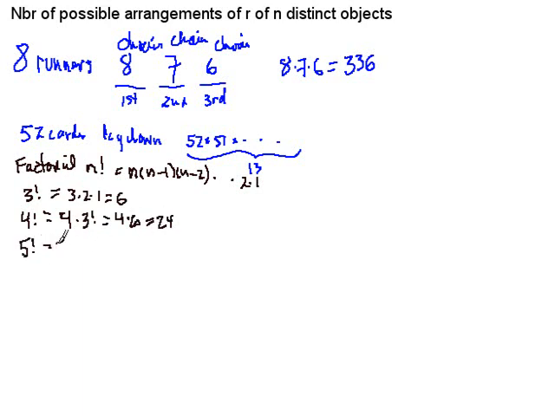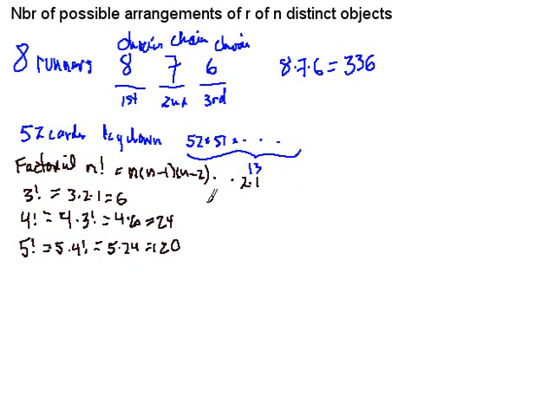Well, that's going to be 5 times 4 times 3 times 2 times 1, but all of that repeated diminishing numbers starting with 4 could be written as 4 factorial. So I can write 5 factorial is 5 times 4 factorial, and 4 factorial we just saw was 24, so it's 5 times 24. Well, that'll be 120. Well, I don't really want to build up more than this.